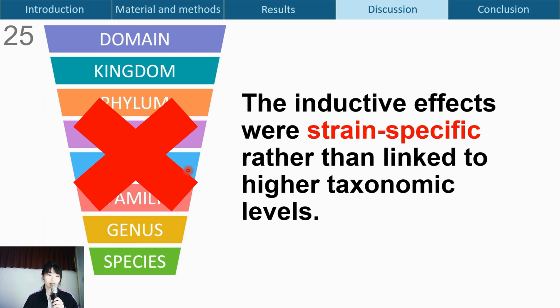So the inductive effects were strain specific because strains are divided by their function instead of their classification.